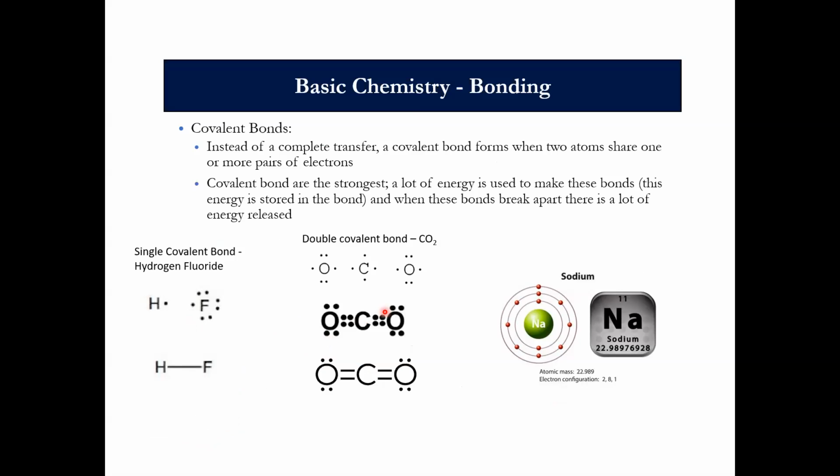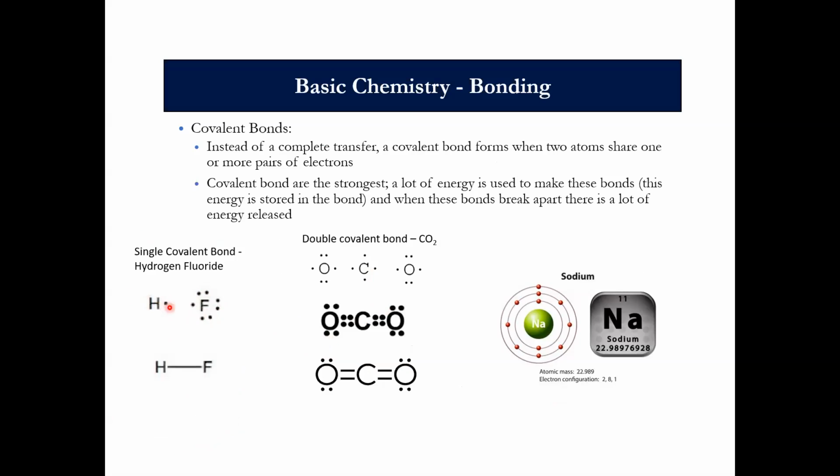Then we have covalent bonds. Here, instead of a complete transfer, a covalent bond forms when 2 atoms share 1 or more pairs of electrons. Here you can see that hydrogen has 1 electron and fluorine has 7 electrons.